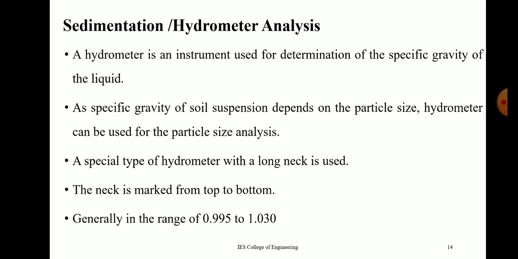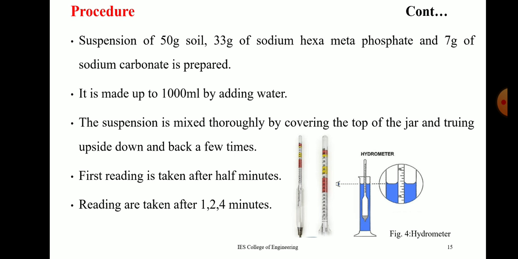The neck is marked from top to bottom, generally in the range of 0.995 to 1.030. This is the neck portion of the hydrometer, and the neck portion is graduated.